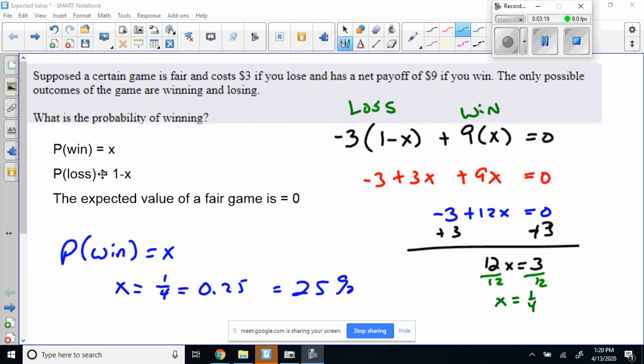Well, the probability that you would lose would be 0.75. That would mean you would be losing 75% of the time. Fair enough? It only asked for what was winning. So it's a multiple event, right? Winning or losing, okay? All right, any other questions on this one?